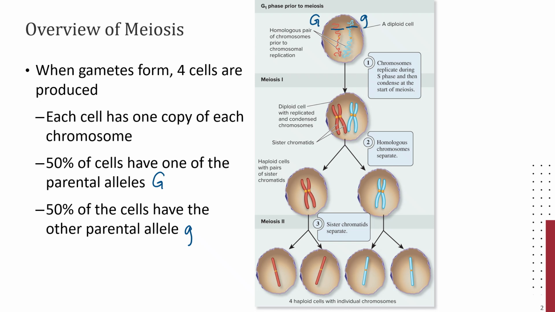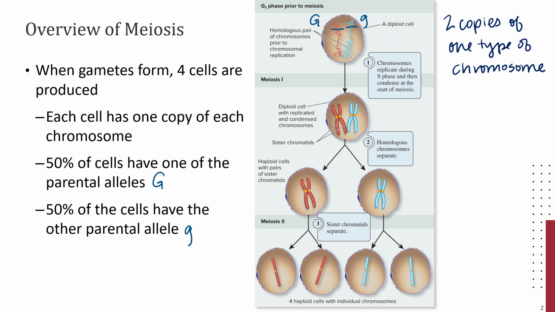In this image here, we have a cell that has 2 copies of 1 type of chromosome. And we see that on this chromosome, it has the G gene in 2 different copies, a big G and a little g. We'll talk about those in just a little bit.